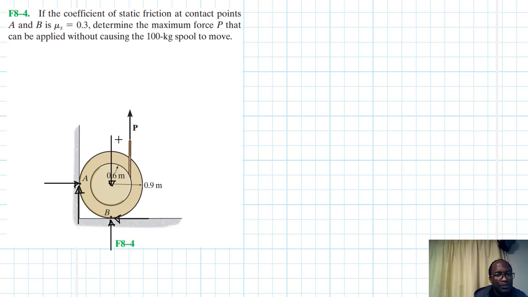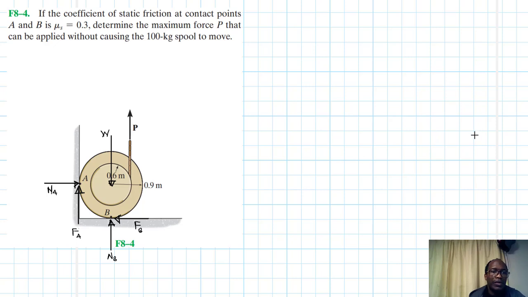Let's just label them. This is our W, and this one here is our normal force, let's call it NA. This one here is our friction, let's call it FA. This one here is our normal force, let's call it NB. And this one here is our friction, let's call it FB.